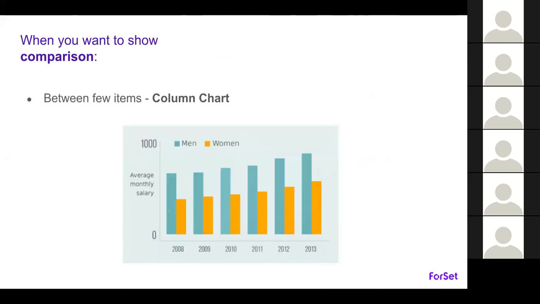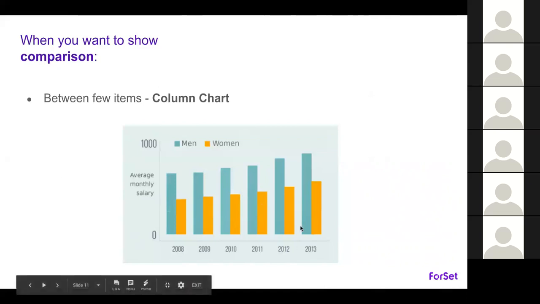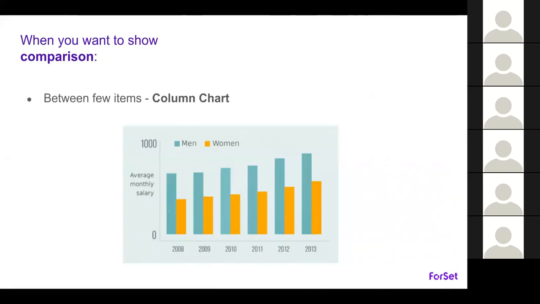For example, in this chart, we are looking at the average monthly salary of men and women, and our main message is that men's average monthly salary is much bigger than women's, and that both of those monthly average salaries have been increasing, but still the difference between men's and women's salaries stays almost the same. So in this case, the column chart gives us this opportunity to see this difference very easily at one glance and at one look.